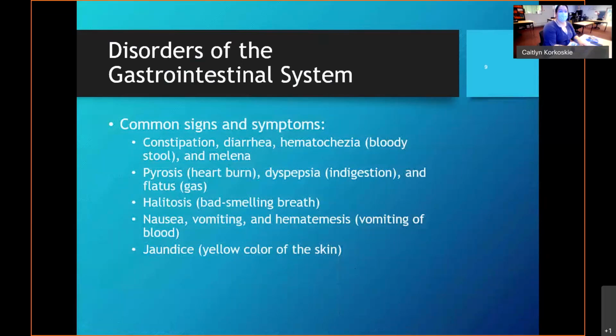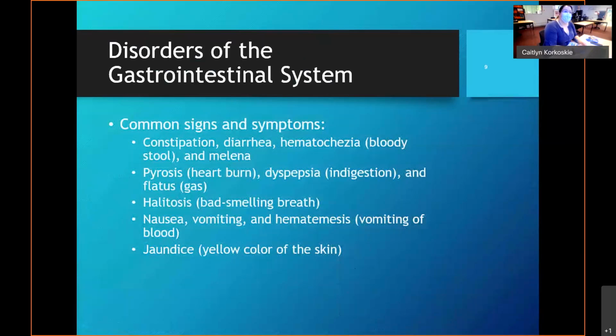We want to make sure we get as much information as possible, but some common symptoms a patient might have are constipation, diarrhea, heartburn, indigestion, gas, vomiting, and yellow coloring of the skin, which is jaundice. They would either need to go see their gastroenterologist right away, or depending on how bad it is, if it's a sudden onset, they would end up going to the emergency room, and we'll go over that a little bit in a few minutes.